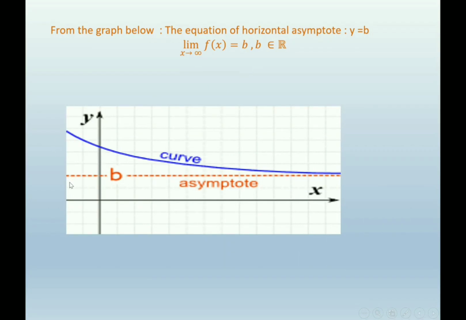Have a look at the graph at y equals b, which is that broken line that we can call the asymptote, and you can see that the limit of the function when x approaches infinity gets closer to b, without touching it.